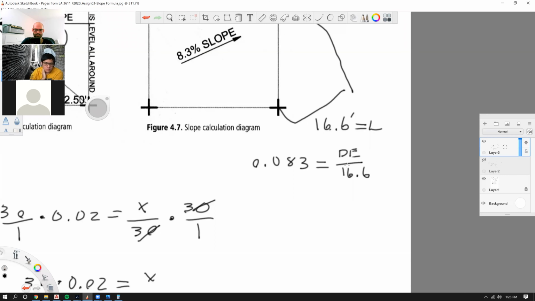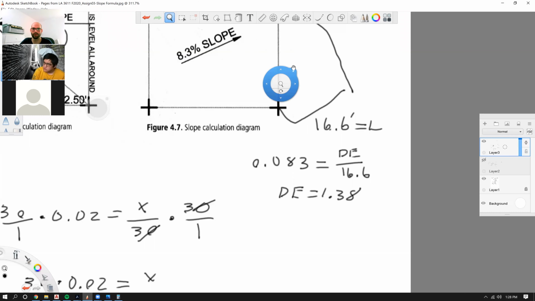So 16.6 times 0.083 equals 1.38. We'll round that to 1.38. So DE equals 1.38.